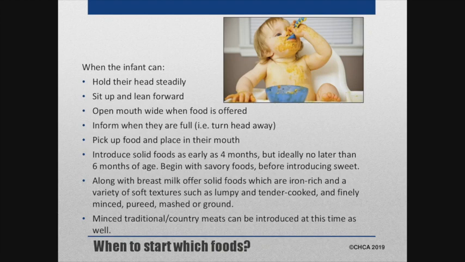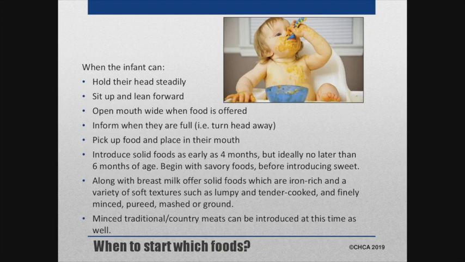So we can begin with savory foods and then move to sweet. This tends to be the way things have been done in the past, although it doesn't necessarily have to be done that way. Along with breast milk, offer solids. Iron-rich is really where we want to get the best bang for our buck. So looking at either iron-fortified or certainly pureed or lumpy ground meats and things like that.